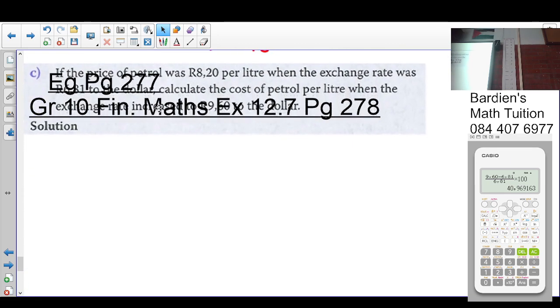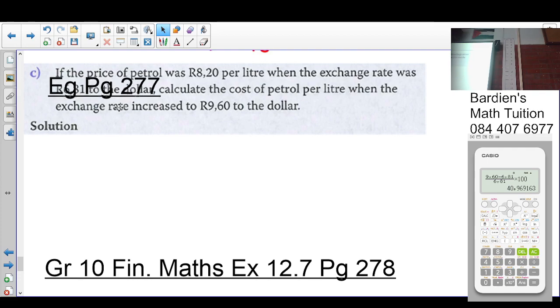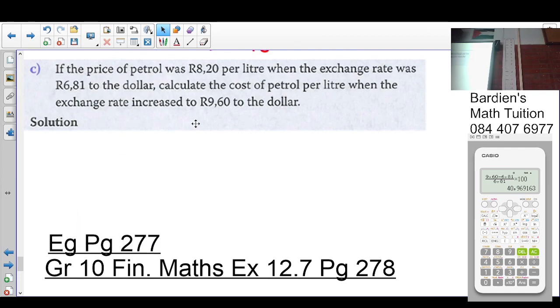So look at C. If the price of petrol was 8 rand 20 per litre when the exchange rate was 6 rand and 81 cents to the dollar, calculate the cost of petrol per litre when the exchange rate increased to 9 rand 60 to the dollar.